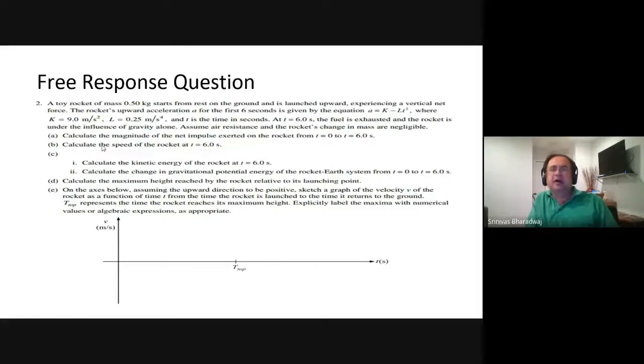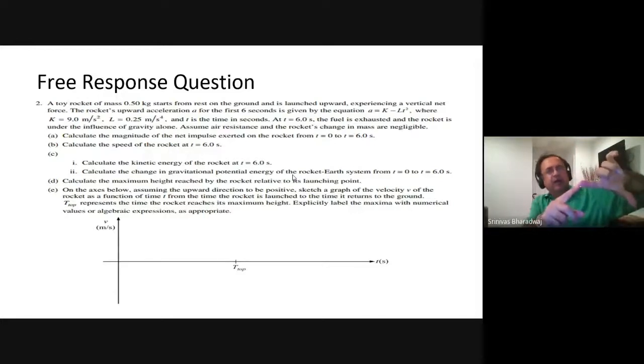Calculate the maximum height reached by the rocket relative to its launching point. So now you calculate the kinetic energy of the rocket at t equals 6 and the position at that time. From here on, what is going to happen? All the kinetic energy gained here is going to get converted to potential energy. There is an mgh that's traveled after 6 seconds.